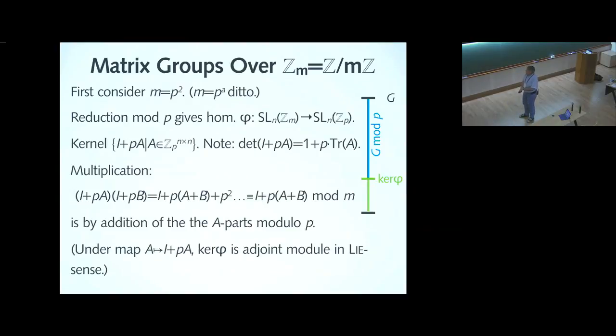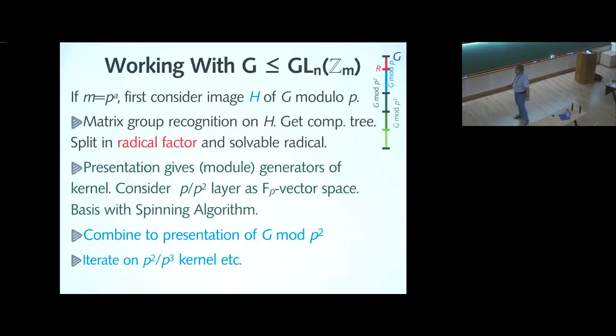Okay. How can we work with such a group? What will I do on the computer? Well, first I will look at the image modulo P, and for that I will use the data structure I talked about earlier. I will calculate a composition tree for this group. I will get a homomorphism to the radical factor.